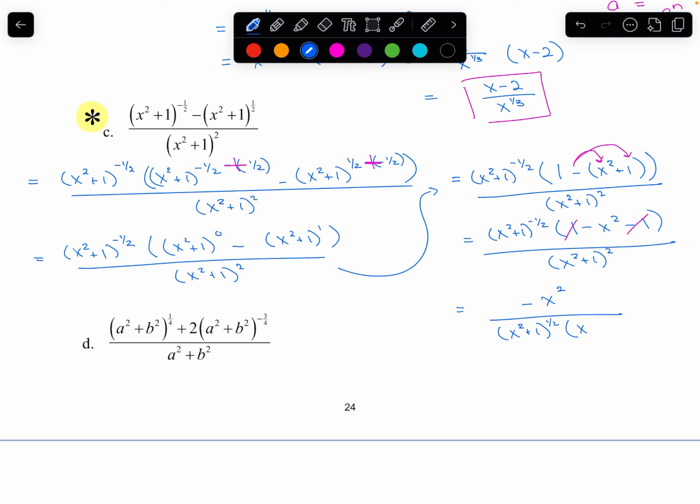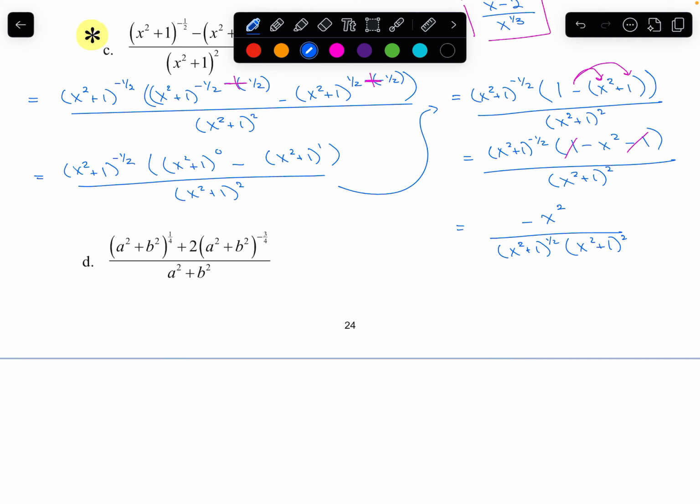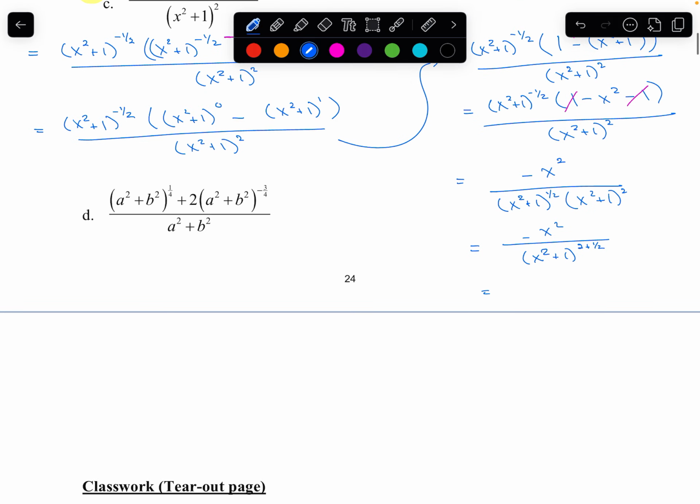Now we have x squared plus 1 squared. And remember, when two factors with the same base multiply, their powers add. So we have negative x squared over x squared plus 1, and then it's 2 plus 1/2. This ends up being negative x squared over x squared plus 1 to the 5/2. And we're done there.